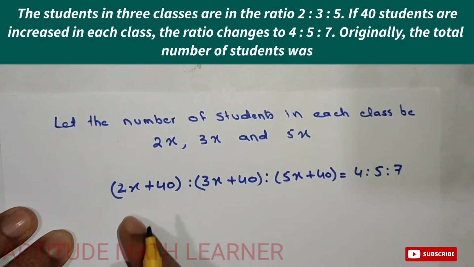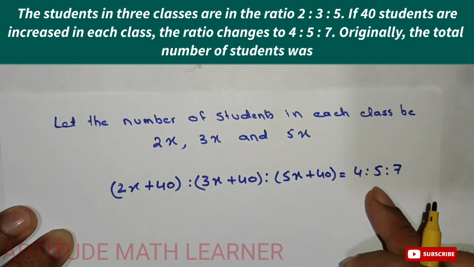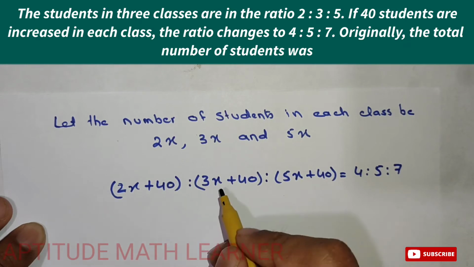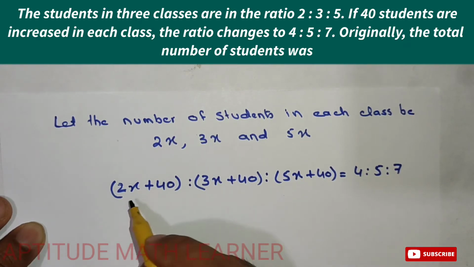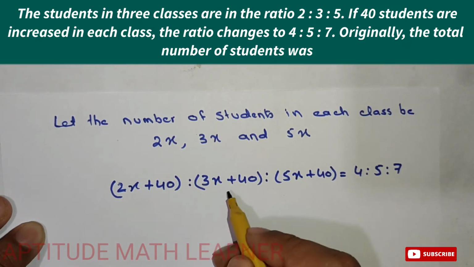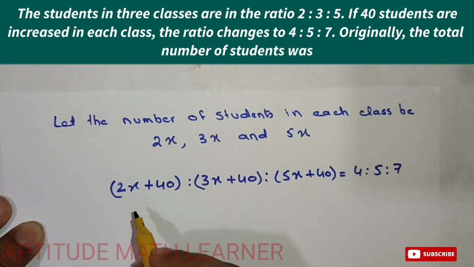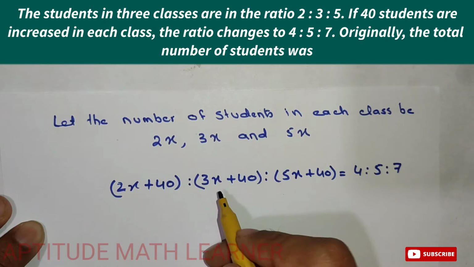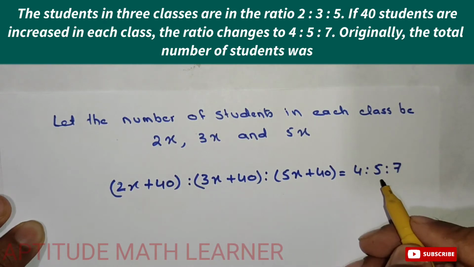Now, these are 3 classes and we have 3 ratios, but to find out the value of x, we take only 2 ratios. For the first class the new ratio is 4, and for the second class the new ratio is 5.